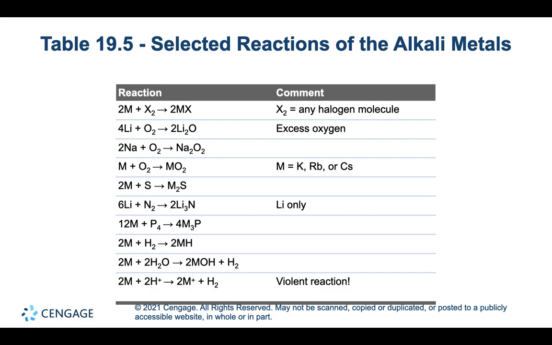And here we see some typical reactions that alkali metals can have. They can react with halogens, they can react with oxygen, a couple of different ways, to make oxides or peroxides. They can react with sulfur, they can react with nitrogen to make nitrides, phosphorus, hydrogen to make hydrides.